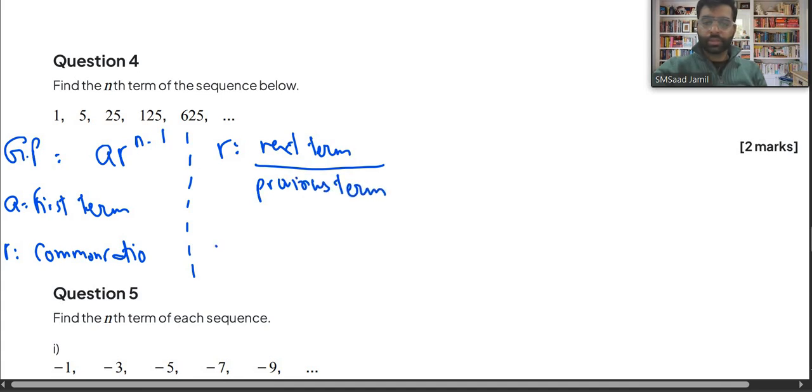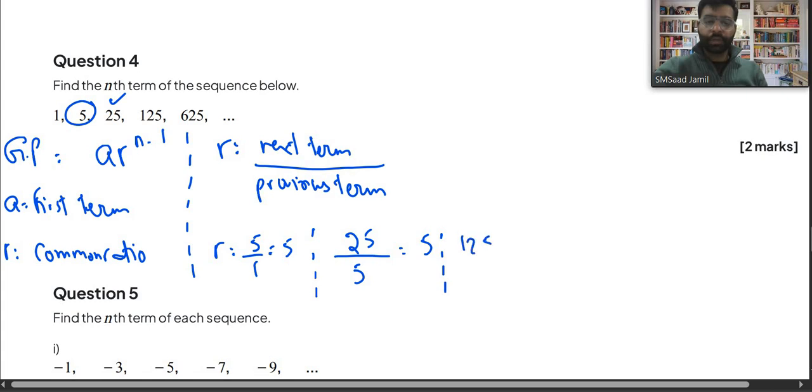Alright. So r is equal to, next term is 5. 5 divided by 1 is 5. Ratio will always be the same. Let's say 25, okay? 25 is the next term. The previous term is 5. 25 divided by 5 is also 5. 125, let's say 125. 125 divided by 25 is also 5.